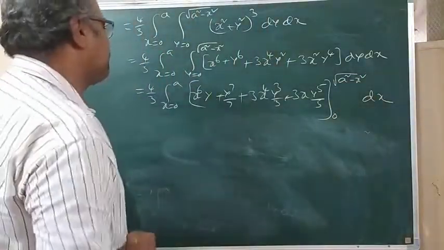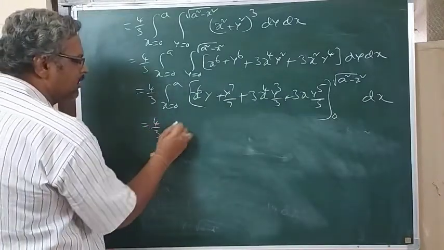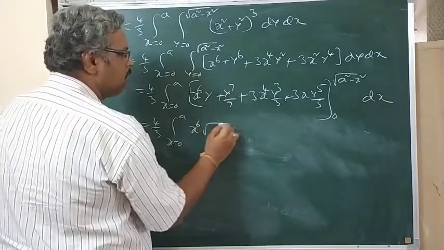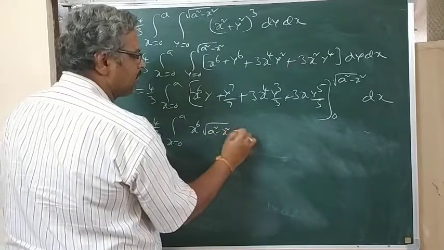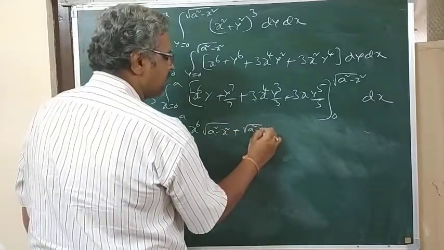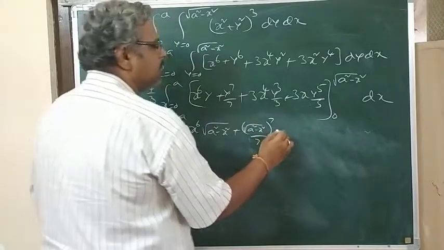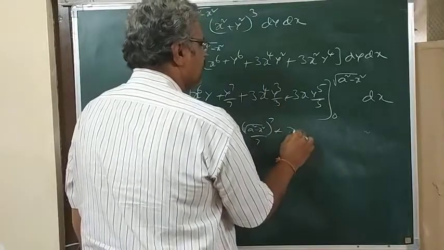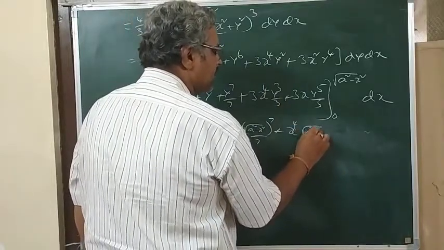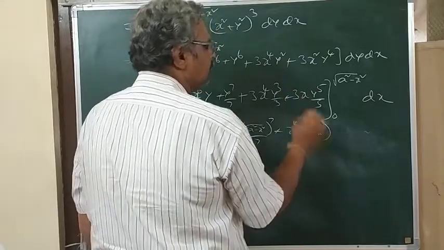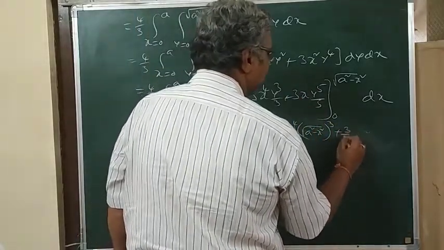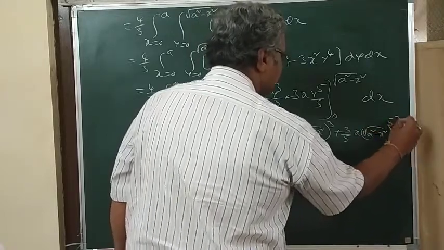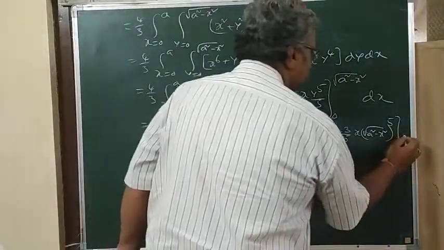Now put y equals root over a square minus x square. 4 by 3 integral x is 0 to a, x power 6 into root over a square minus x square, plus root over a square minus x square whole power 7 by 7. Here 3 cancels. Plus x power 4 root over a square minus x square whole cube, plus 3 by 5 into x square into root over a square minus x square whole power 5, dx.